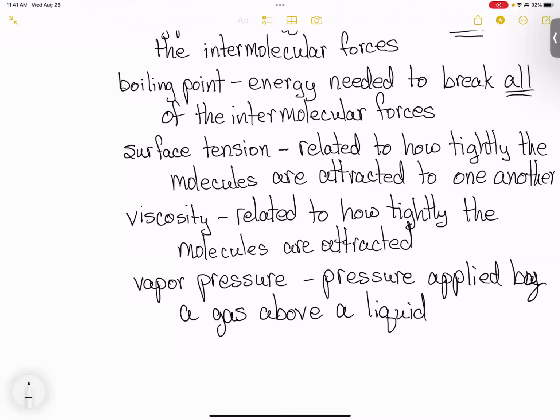Again, folks, this is going to be related to how tightly the molecules are held. You're recognizing a theme here. So let's talk about how tightly these molecules are held.